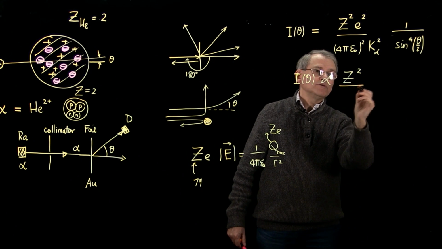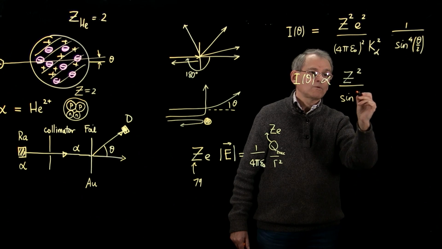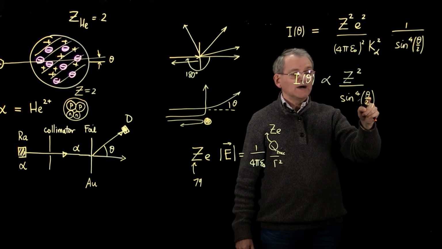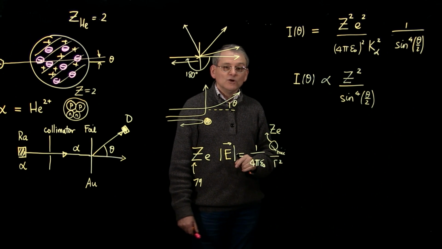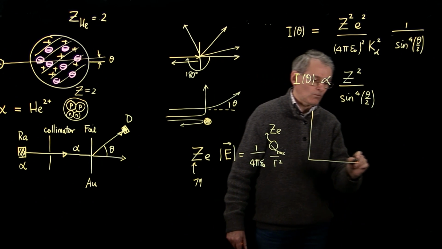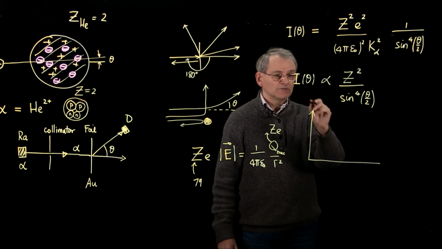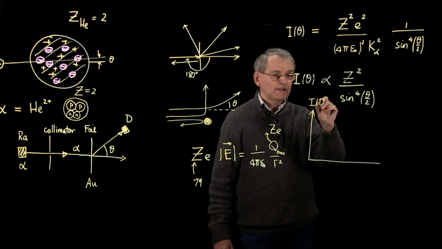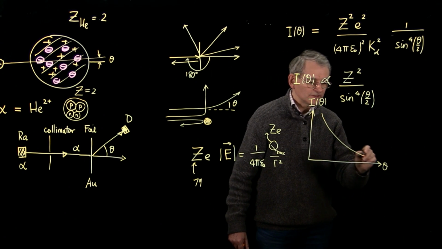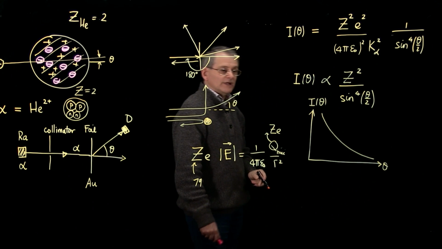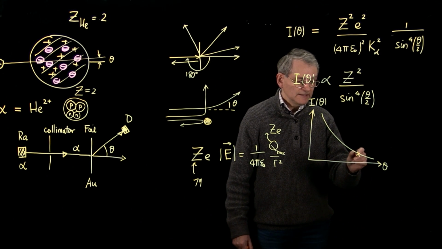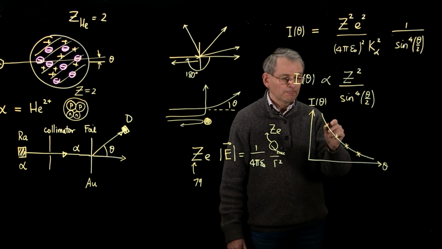It's also inversely proportional to the 4th power of half the scattering angle, which means that if you were to plot this, you would get the following result. If you plot the intensity as a function of angle, the prediction would be it goes something like this. When you overlay the experimental data on this, which I'll indicate schematically, it fits it extremely well.